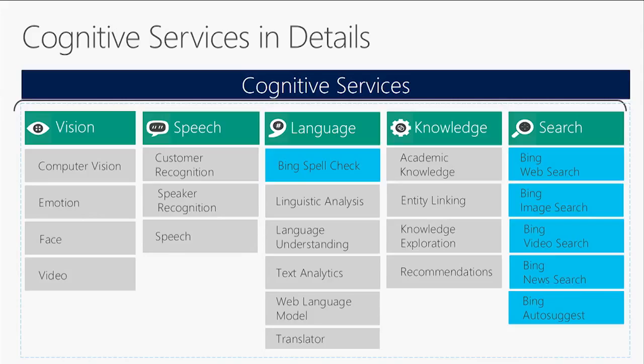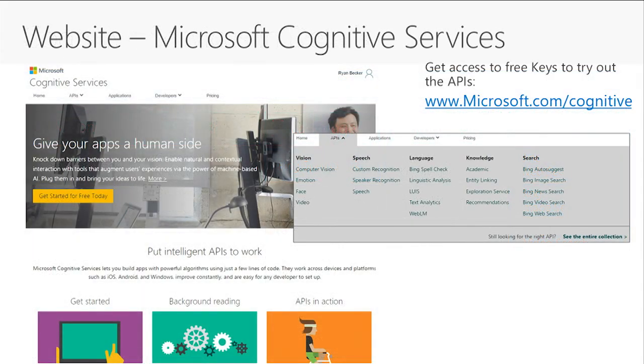As a developer, we put a lot of effort into unifying all the APIs across the existing Oxford offering and the Bing API services and pulling these together so you can get access to all of them in a cohesive site. The first thing you should do is go to Microsoft.com/cognitive. We put the new site together, and you can see all the APIs that are out there. We really want to unify the developer ecosystem to make it easier for you as a developer.